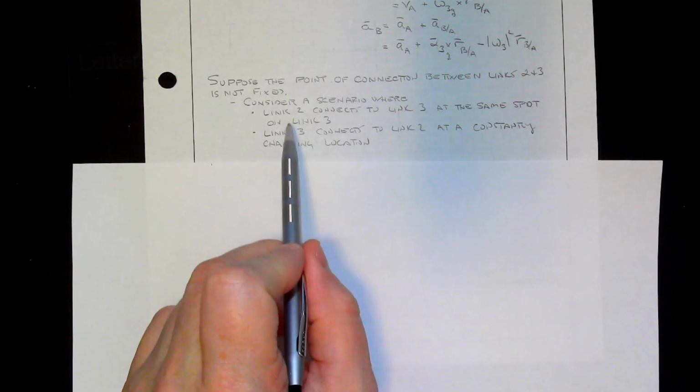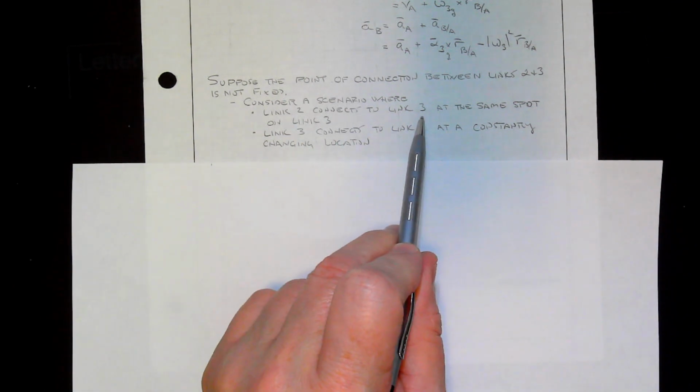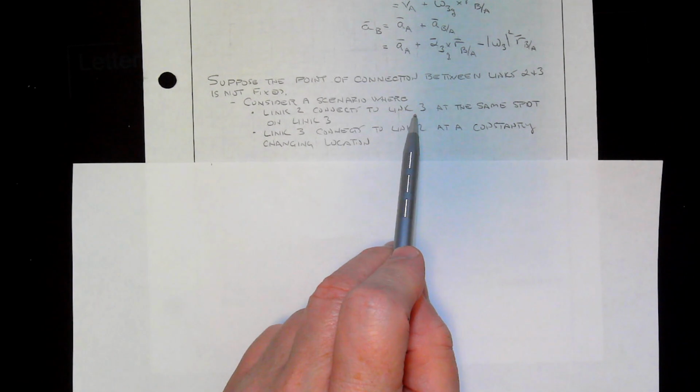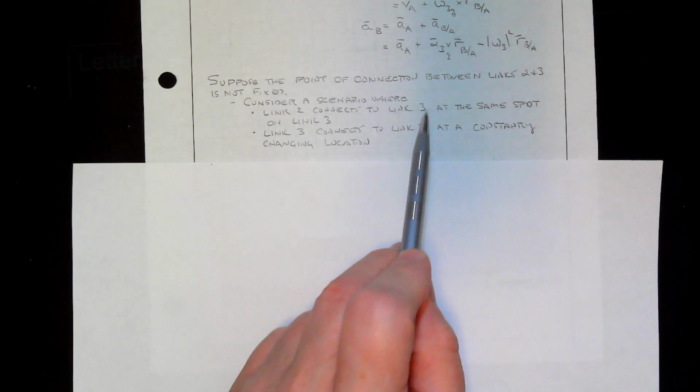So I'm going to consider a very specific scenario, which is written here. Consider the connections between links 2 and 3. So up above here I had link 2 and 3, but we're going to change it. So what happens now is link 2 connects to link 3 at the same spot. So 2 touches 3 at the same spot on 3 all the time.